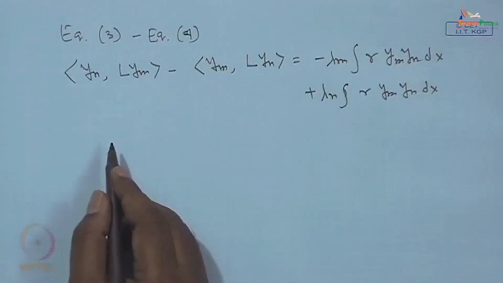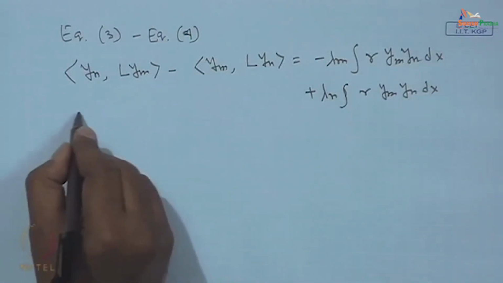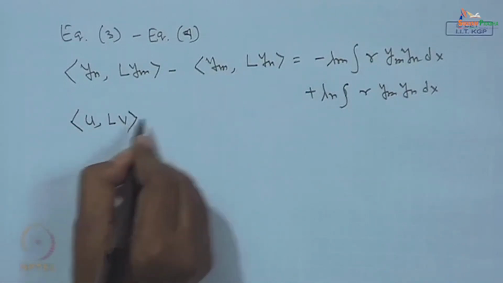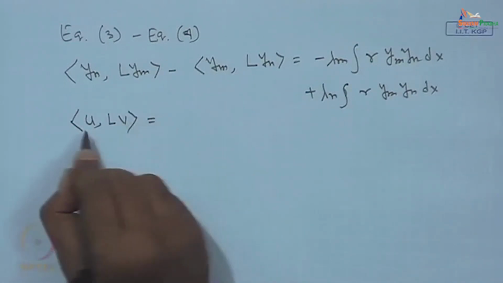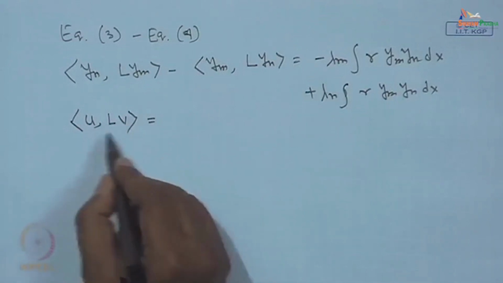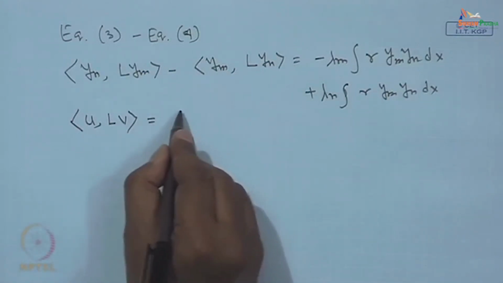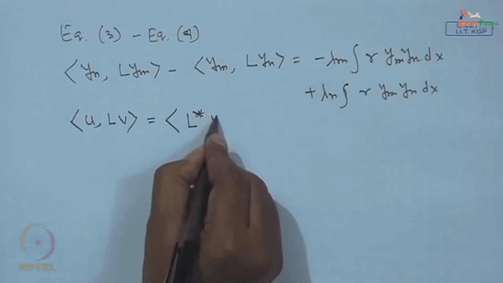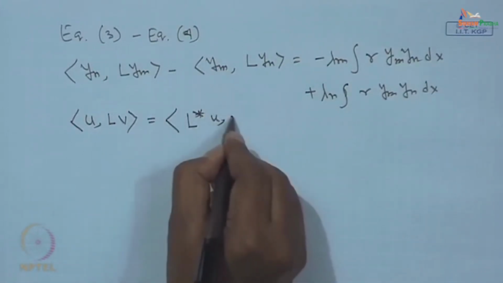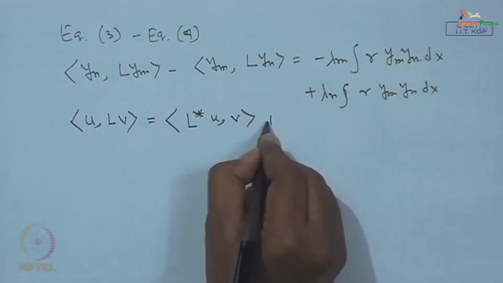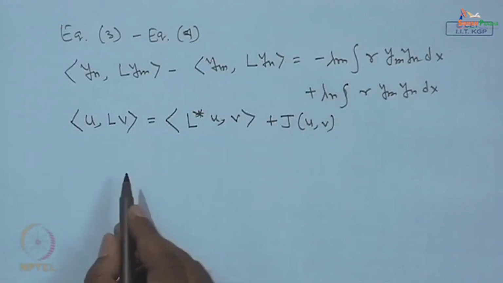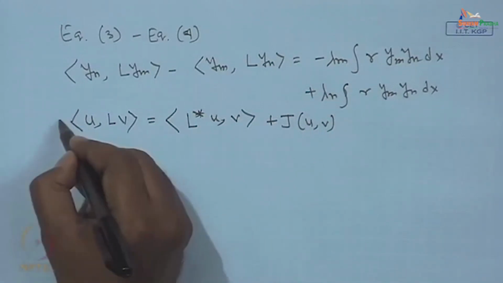If we now utilize the relationship that we derived in the last class, that the inner product of u and L v must be equal to the inner product of L star u and v plus J u v, we write that here.